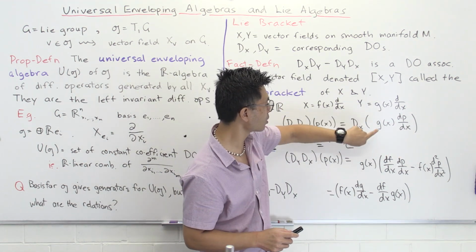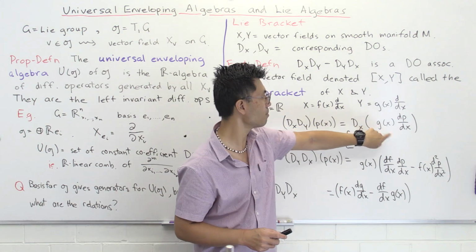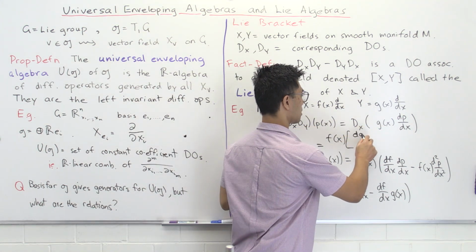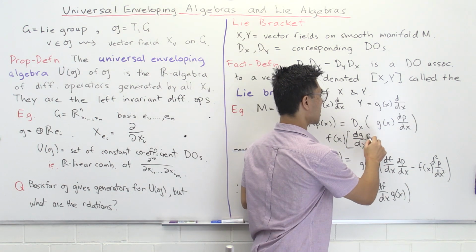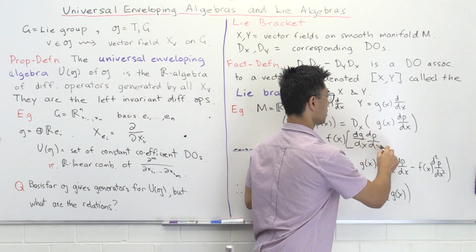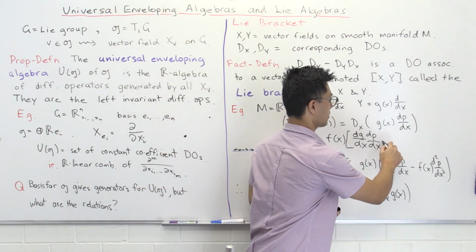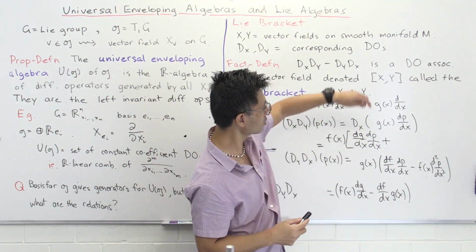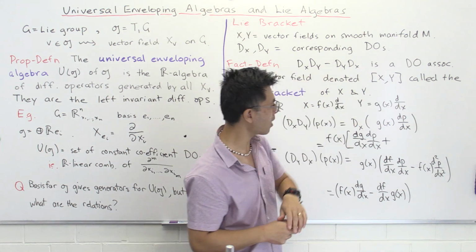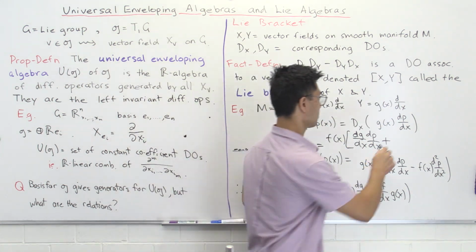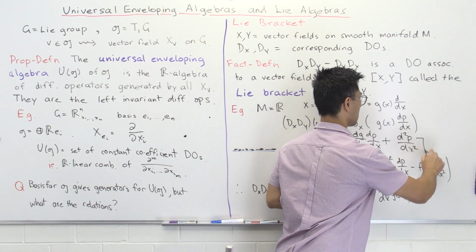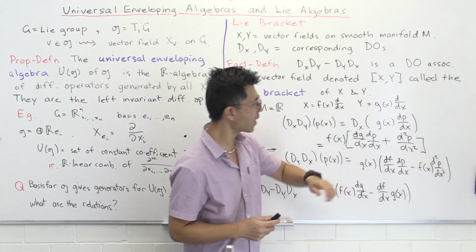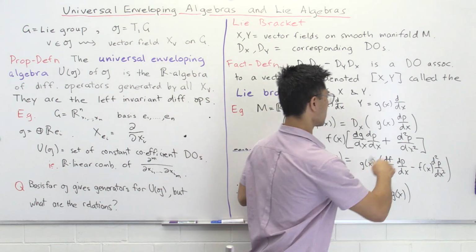So firstly, you can differentiate this g term. You get dg dx and you multiply by the dp dx. And then you can also leave the g of x and differentiate the dp dx term. And oh, I've lost the g of x here.